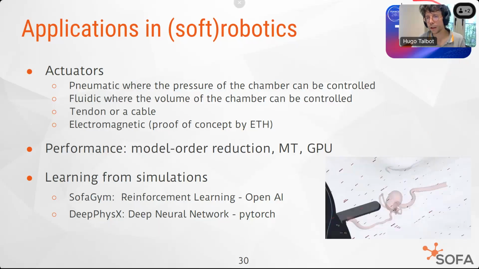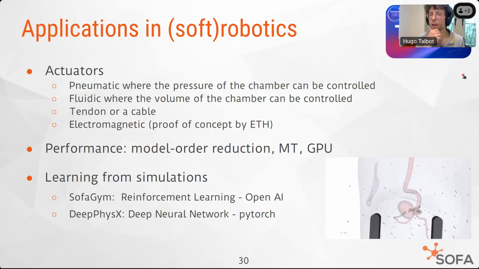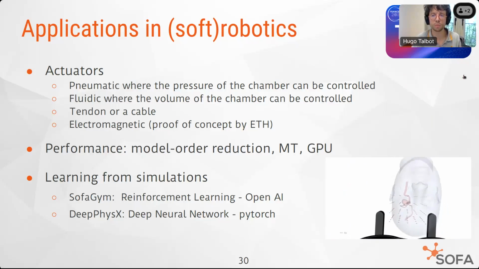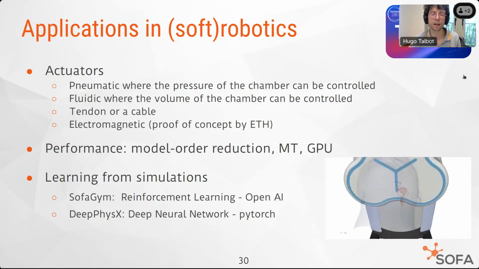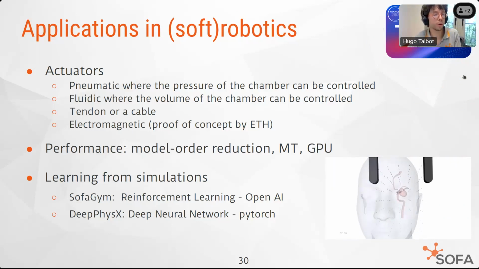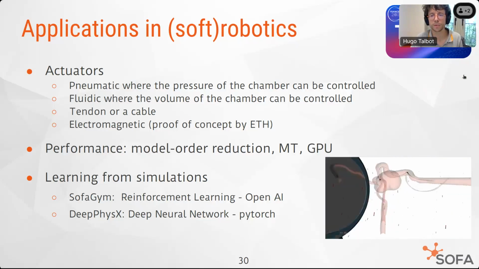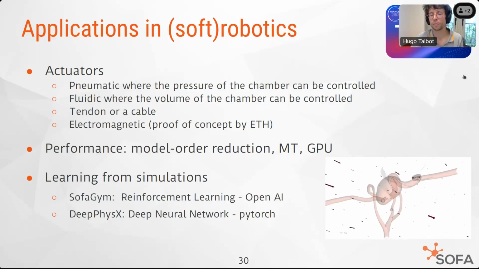I would like to stress the fact that we are also widely supported by a French initiative where SOFA has been selected as the simulation framework to model the digital twins of all the robots designed by French robotic labs. So that's, I would say, the official framework, the official platform for designing robots when there is deformation that comes into the simulation.